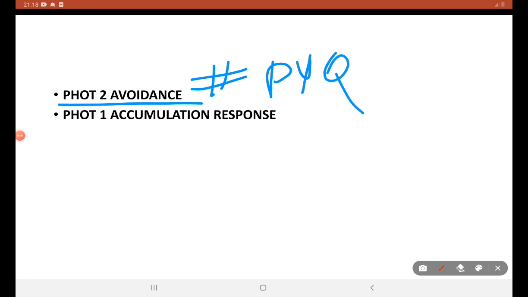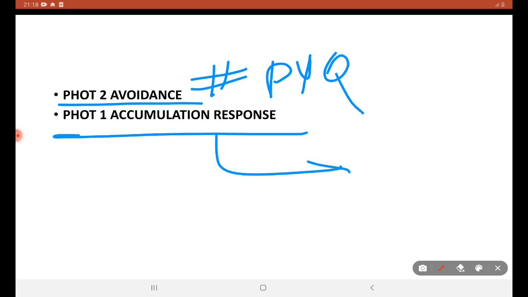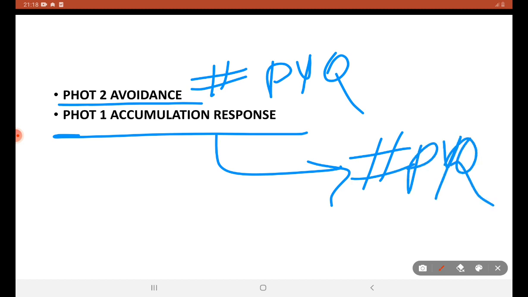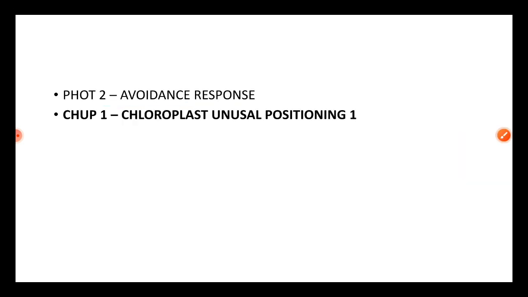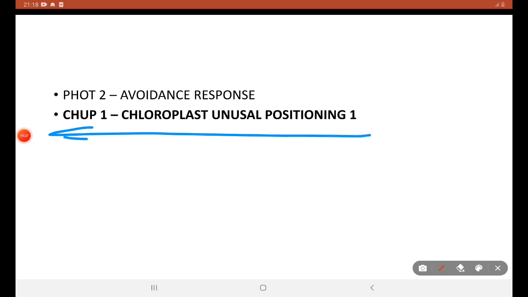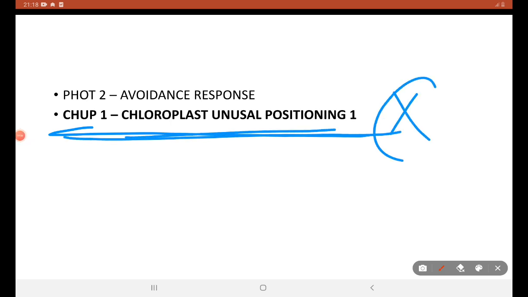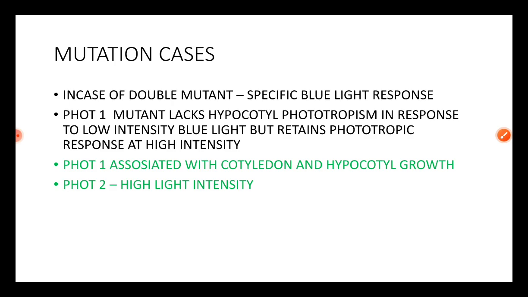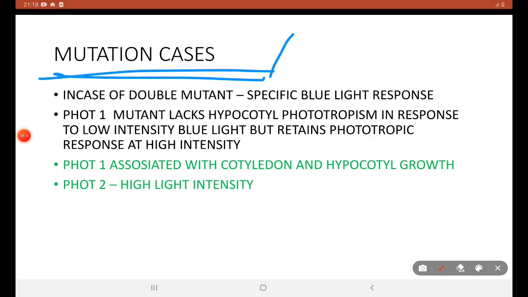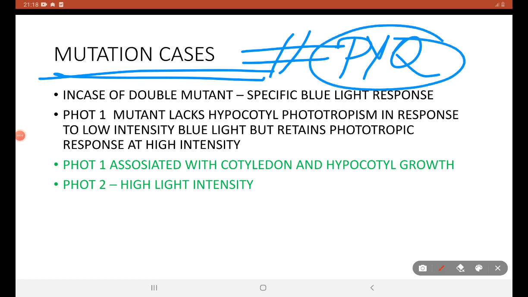Phot2 will avoid. Phot1 will accumulate. This is a previous year question. CHUP1 is a chloroplast unusual positioning protein. This is also an important pointer. Mutation cases are very important. There are so many questions asked in the previous years.